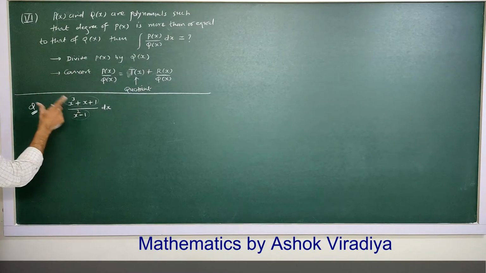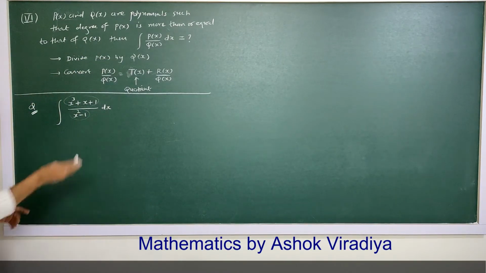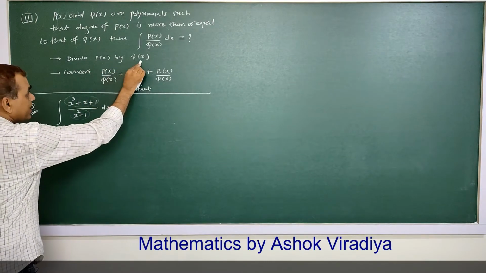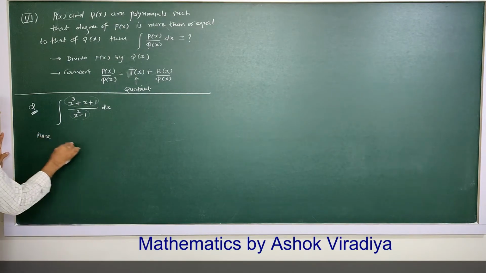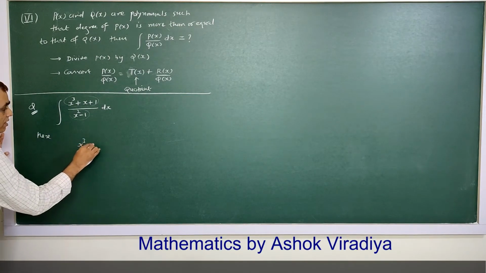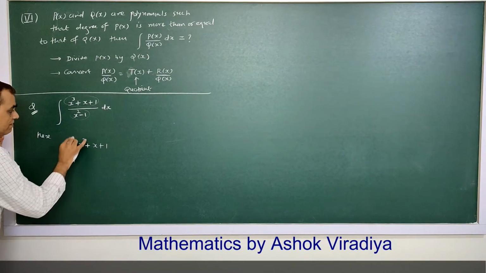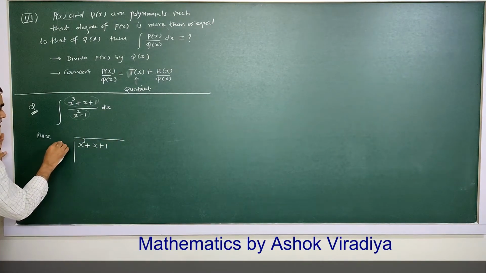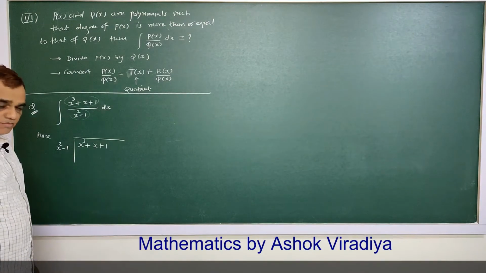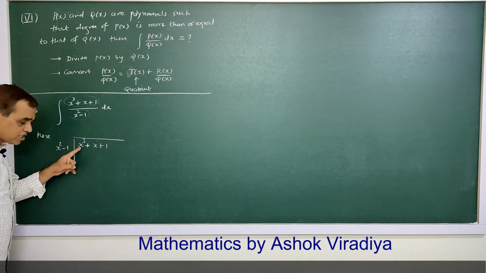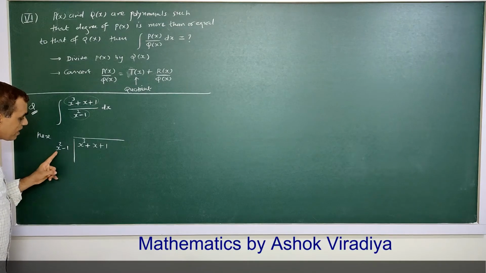So if degree of numerator is more or equal to that of degree of denominator, then to obtain integral of such integrand, procedure is divide numerator by denominator. So here we will divide this by x square minus 1. So say here x cube plus x plus 1, we are dividing by x square minus 1. Division of polynomial. Now this is x cube, here is x square.